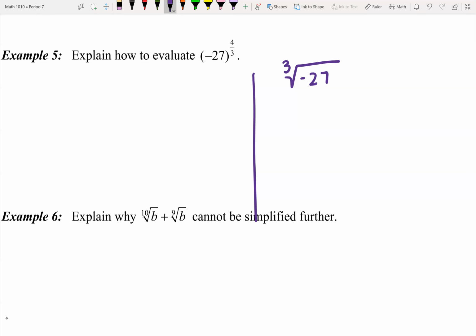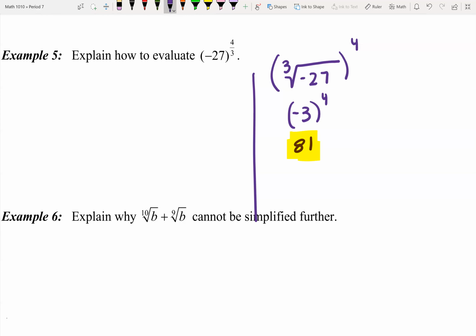It is nice. 3 times 3 times 3 is 27. The negative just comes out. So it is nice. I'm going to raise it to the 4th. You don't have to put those parentheses, but I think it looks nicer. The cube root of negative 27 is negative 3 in parentheses. A negative 3 to the 4th is a negative 3 times a negative 3 times a negative 3 times a negative 3, which is 81.